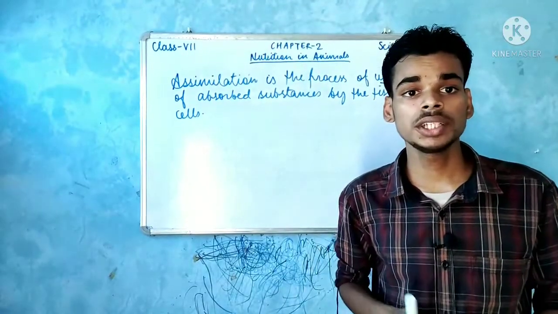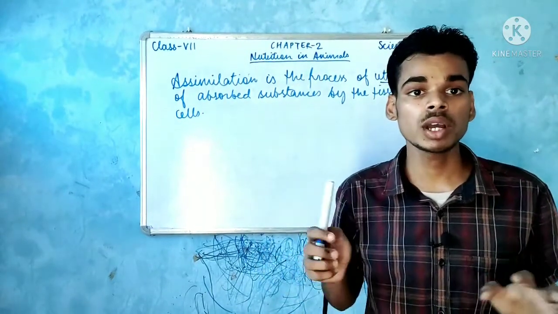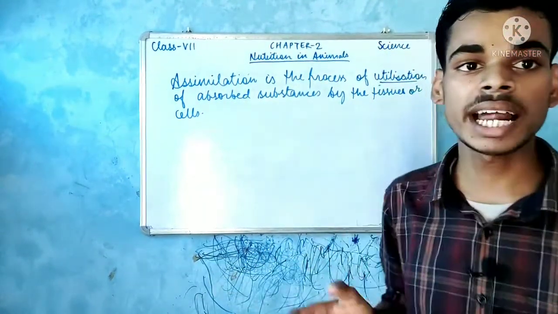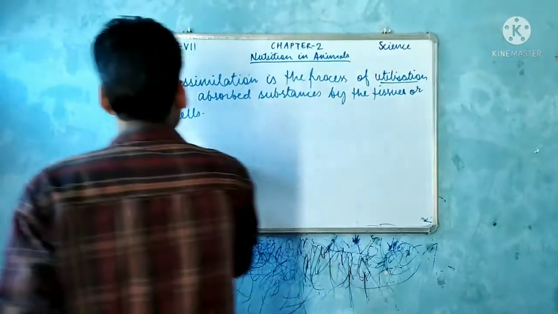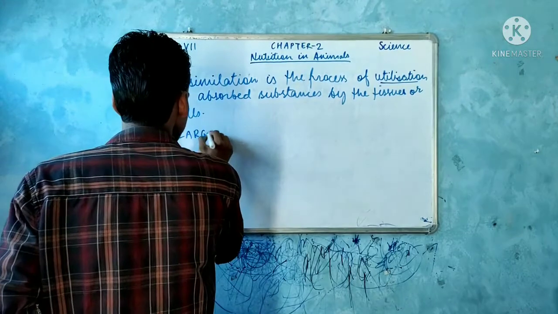So before proceeding to the next process of nutrition, that is egestion, we will first talk about the large intestine. What is the large intestine? This is the second last part of the alimentary canal.